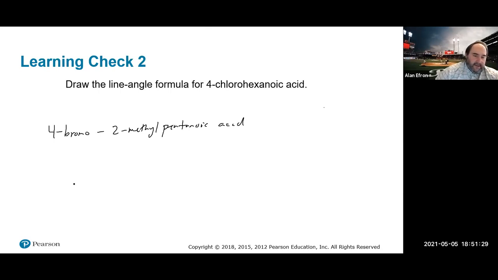And let's do 3,3 diethyl butanoic acid. All right, draw those 3 guys, see what you want.